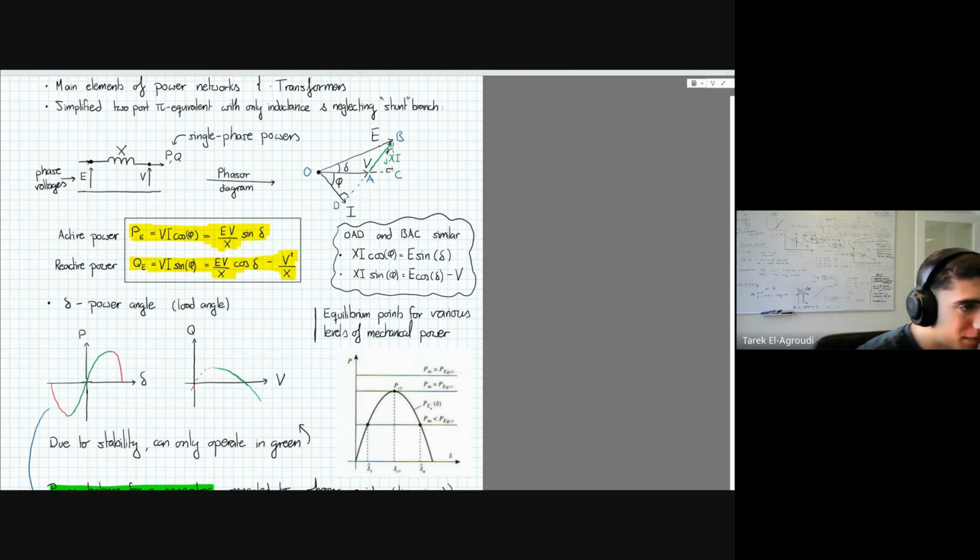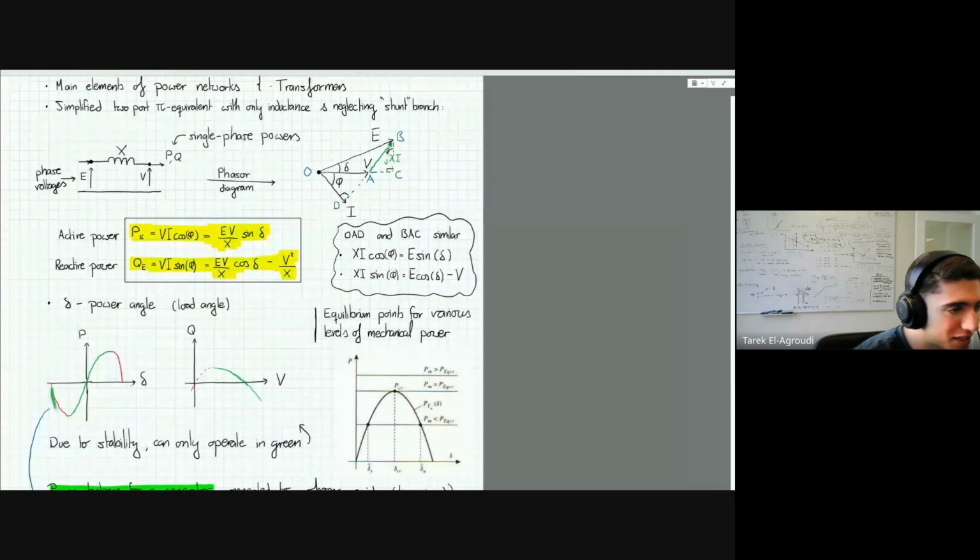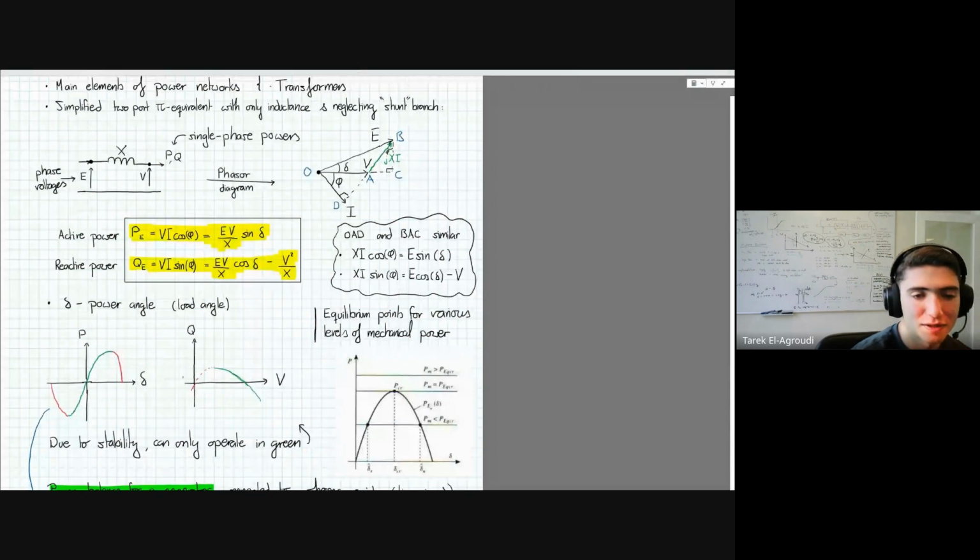And so if we plot this active power between these two voltages separated by a reactance, it's just a sine function. If you consider this plot, you can see that some part of this curve is green and some part is red. Due to stability considerations, your power angle has to remain in this green part of the curve.